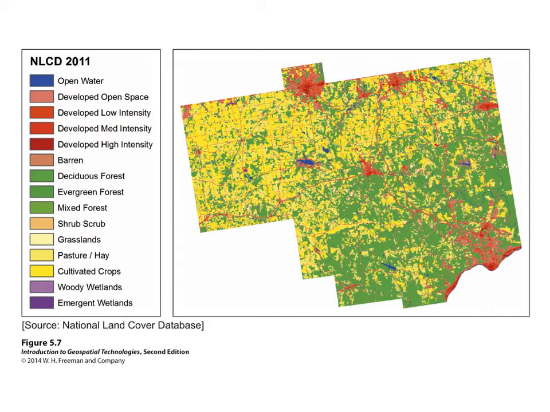Is it developed low intensity? Developed medium intensity? Developed high intensity? Is it barren ground, deciduous forest, evergreen, mixed shrub, grassland, pasture, cultivated crops, woody wetlands, emergent wetlands, etc.? And for each of these classifications, they would have some means of determining whether an individual raster cell was whatever. Once they've identified the best fit for everything, it gets assigned that color, and that leads to this map that you see on the right.